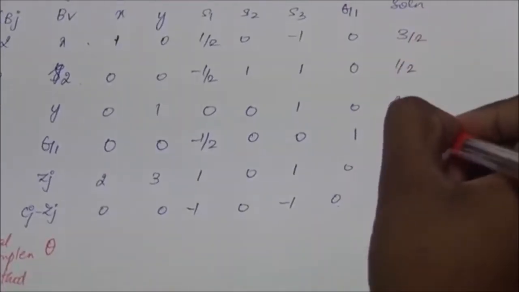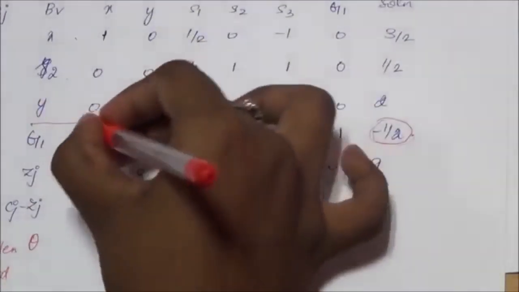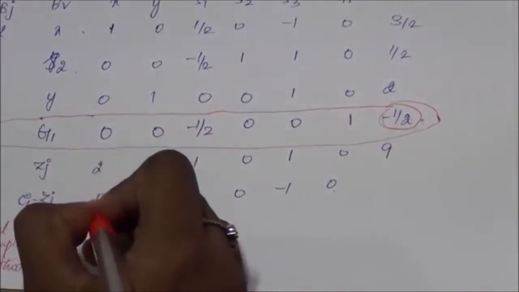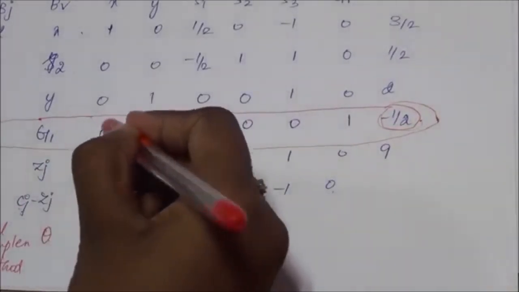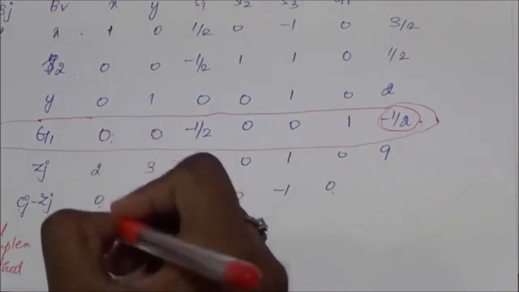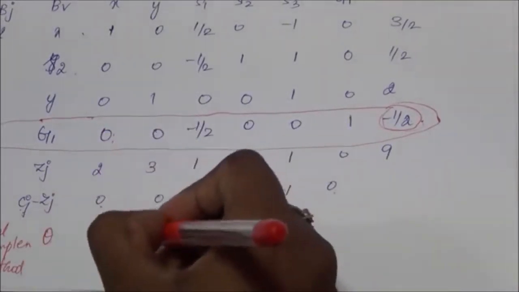Before finding theta, we have to select the pivot row, where the least negative number will be selected, which is nothing but minus 1 by 2. So this will be the pivot row. Now we have to find the value of theta by dividing the value of Cj minus Zj with the pivot row elements. 0 by 0 is 0, but we should not consider it here, so it is a dash.